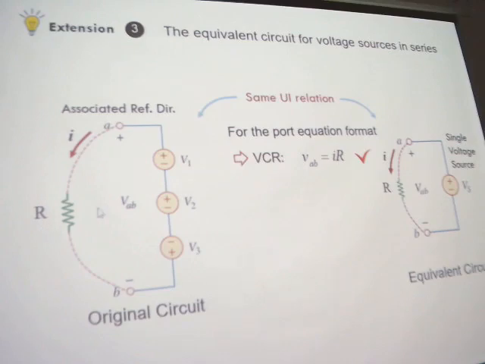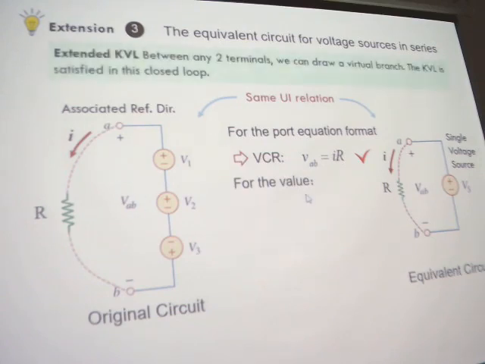For this port equation, our VCR equation VAB equals IR should be satisfied. And for this side, we draw a loop like this one, and we can write our KVL equation: VAB, here is the VAB, is equal to V1 plus V2 minus V3.